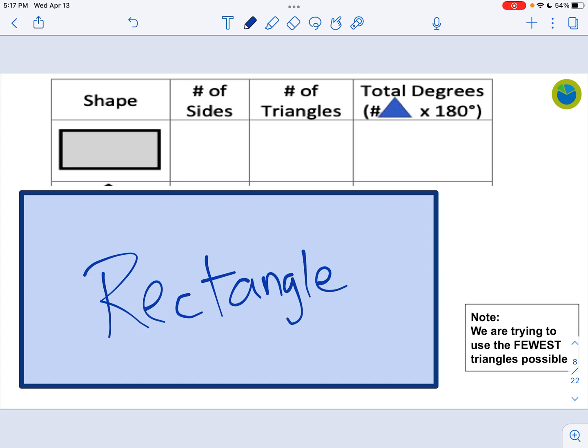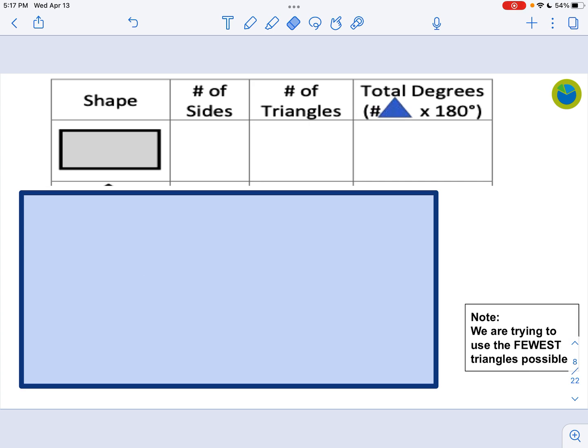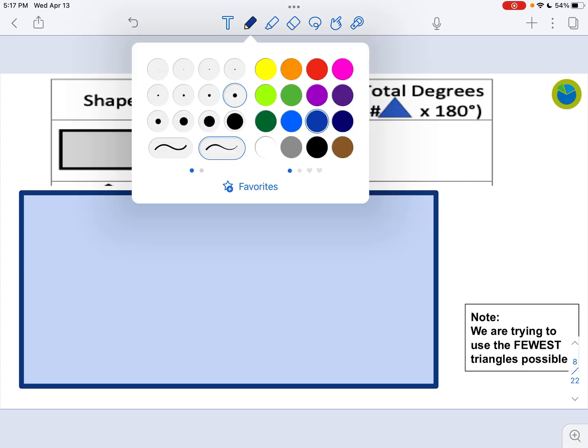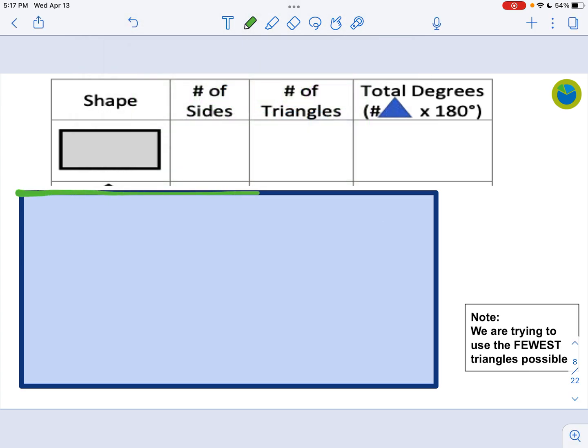That's what we're going to do today, because if we know the number of triangles that are hidden inside this polygon, this shape that's made just with straight lines, so there's a straight line on the top, there's a straight line going down, there's a straight line going over, there's a straight line going up, because it's made just with straight lines and there are no gaps. This is called a polygon. It has many sides. It's a many-sided shape. In this case, it's a four-sided shape, right? So this shape could be split up into triangles, and that's what we're going to do.